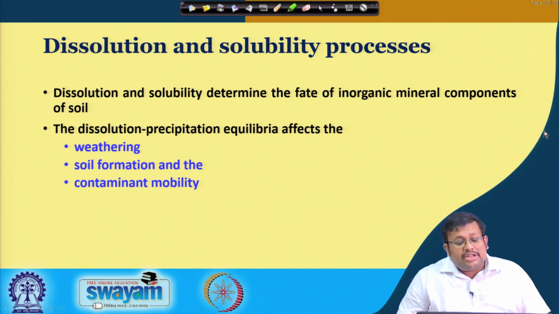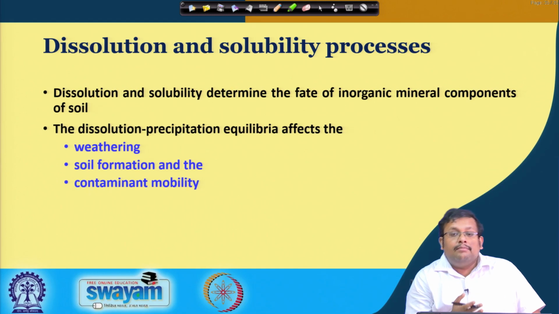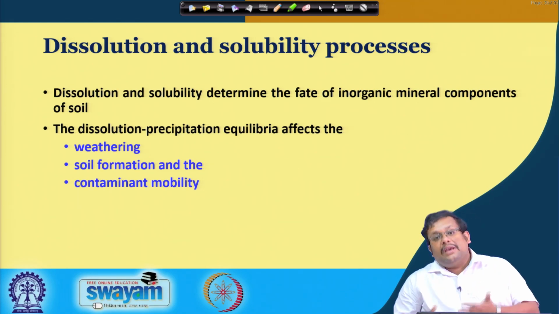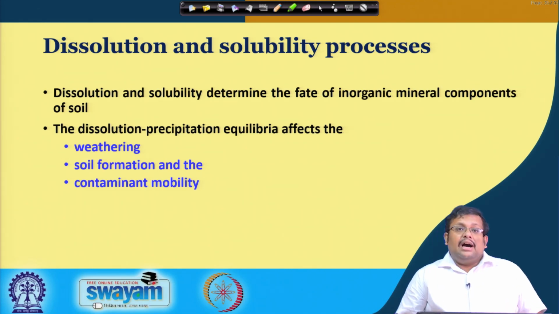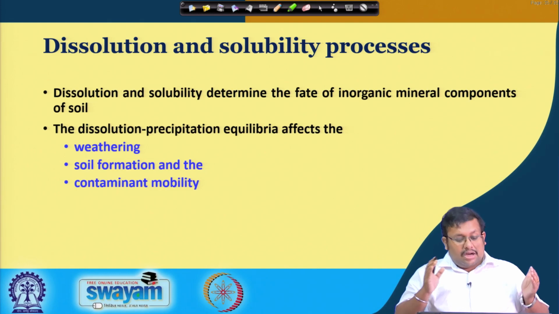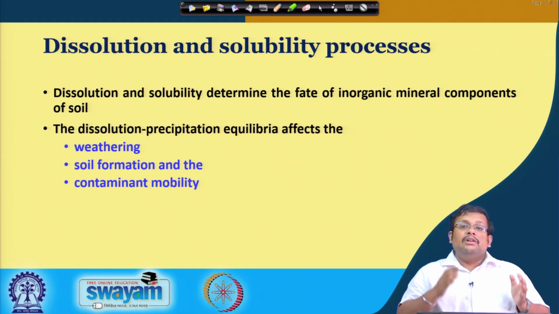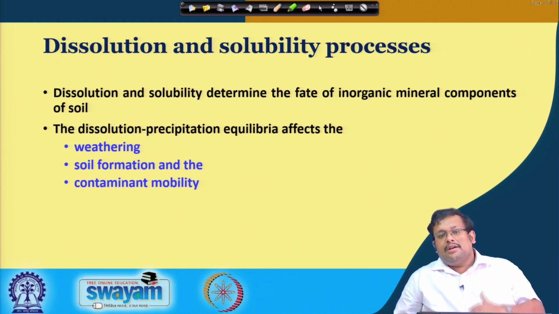Now, dissolution and solubility basically determine the fate of inorganic mineral components of the soil, and dissolution, precipitation, equilibria affect the weathering, as you know, soil formation and the contaminant mobility. Obviously, this dissolution and precipitation highly control the concentration of different solid phases in different stages of the weathering, whether they will further weather away or not based on this dissolution and solubility process.